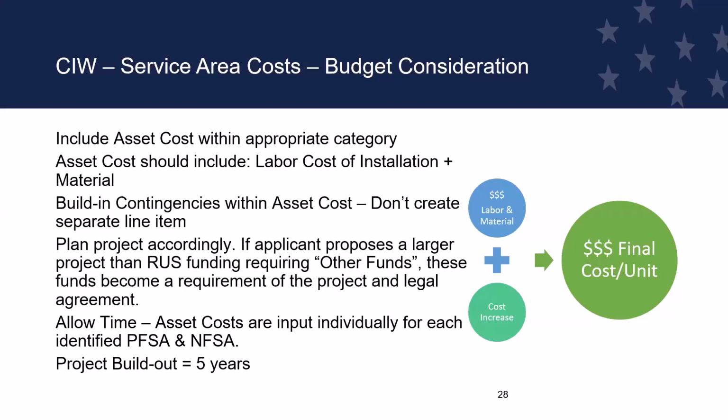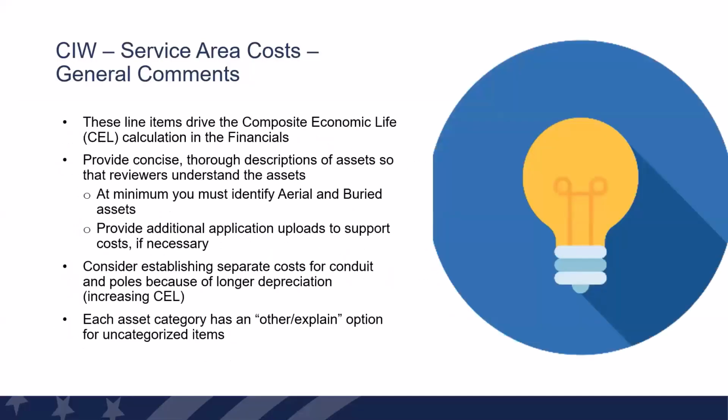If you're proposing a larger project than the RUS funding you're asking for, then those extra costs become a requirement of the project and are put in the legal agreement. Allow time for the asset costs to be input individually for each PFSA and NFSA. Remember, the project build out is 5 years. Next slide.